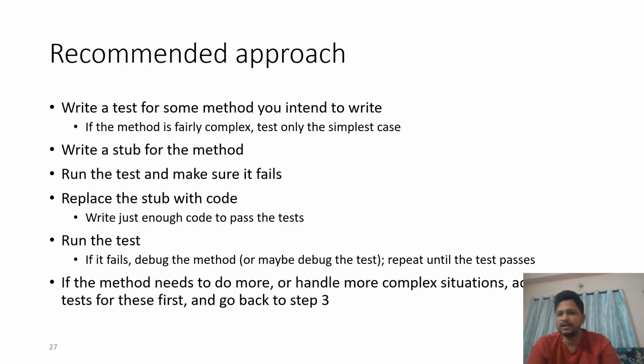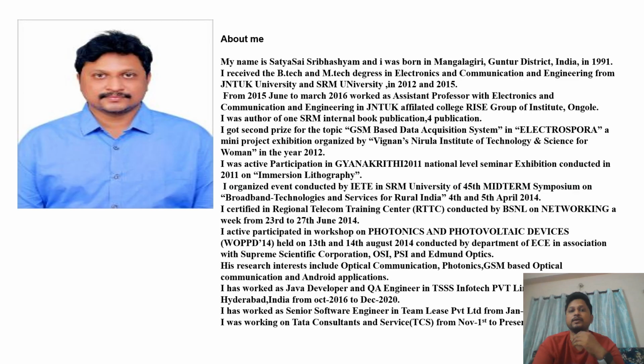Same thing, if your method needs more handling or is more complex, simplifying at least at the logical level, and following the recommended techniques, is very important while writing the JUnit.